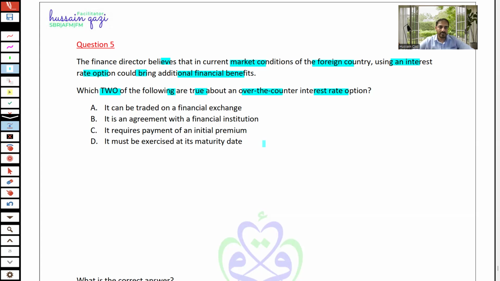Very important. First of all, what you need to consider, the concept, is interest rate option. And for interest rate option, the keyword is over the counter, OTC.